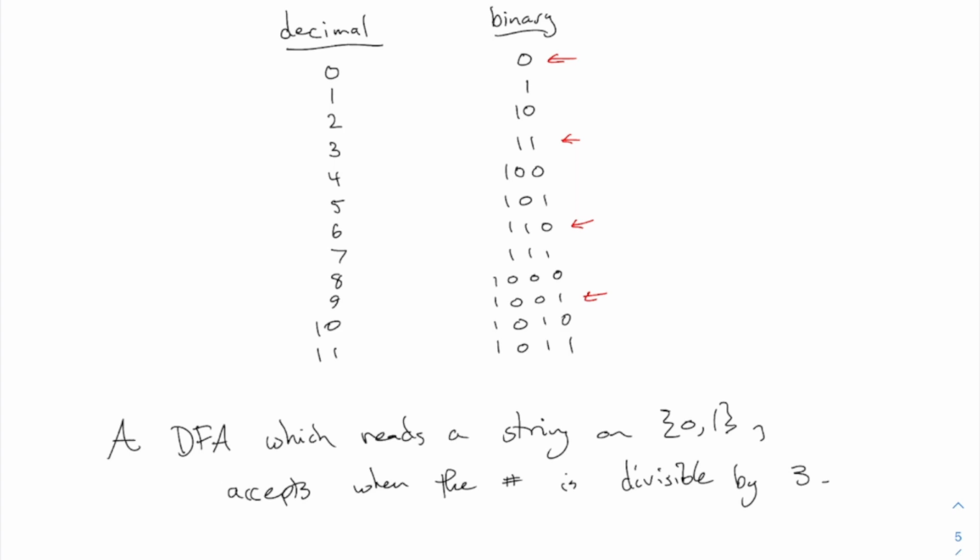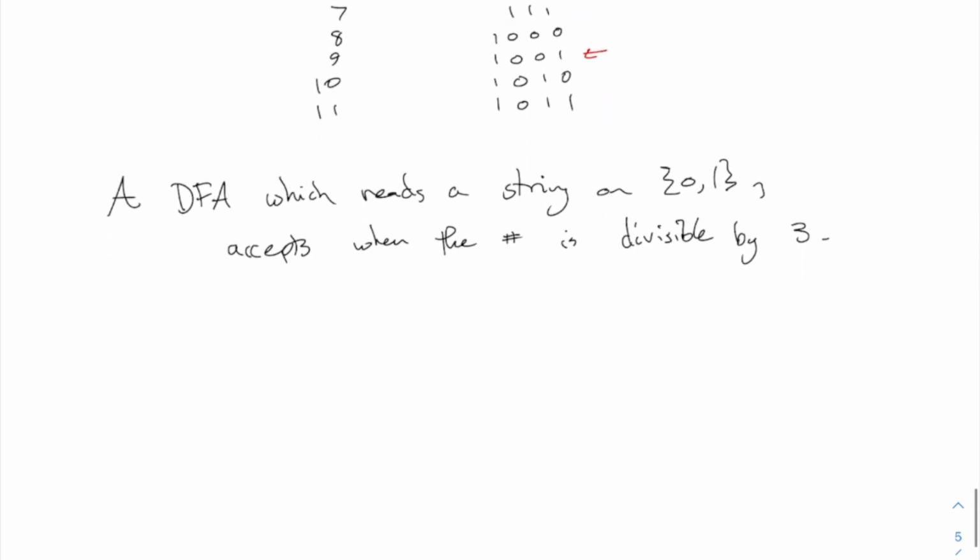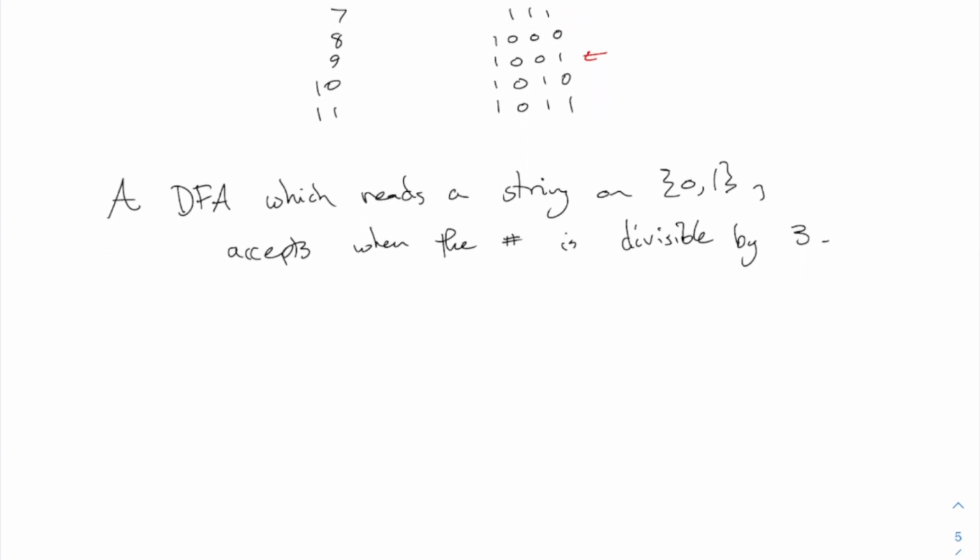All right, a DFA which reads a string of zeros and ones is able to tell you whether or not that binary number is divisible by 3. This is very interesting to me because this is something that an ordinary human being cannot do. If I ask you, and I include myself in this category, can anybody tell me if that number is divisible by 3 or not?